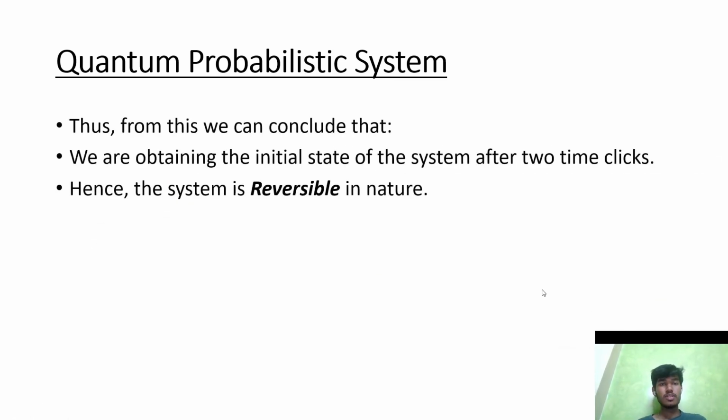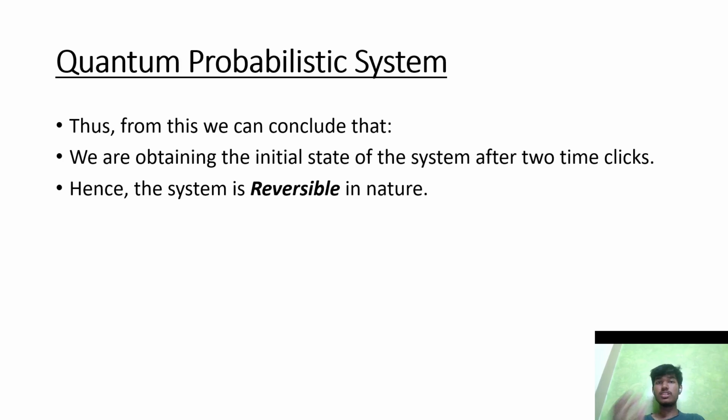So what we can infer from this is that we are obtaining the initial state of the system after two time clicks. Hence, the system is reversible in nature. Now, when we used the real numbers, the classical probabilistic system, we were getting stuck in a loop. We were basically understanding that the system was not reversible in nature because we were using real numbers to express our probabilities.